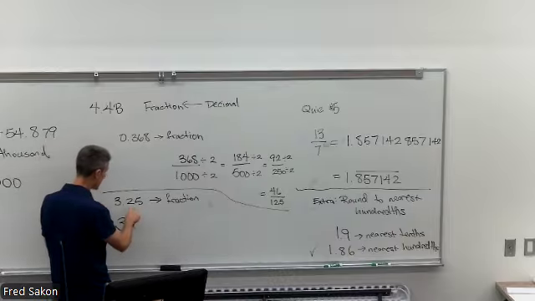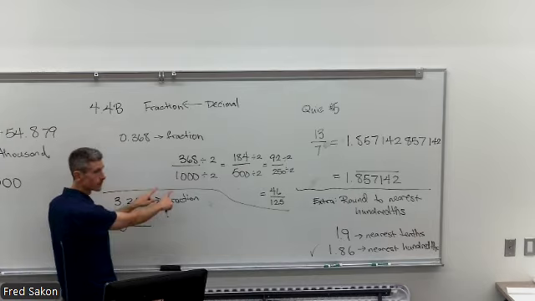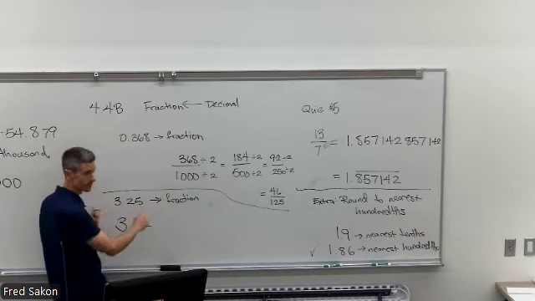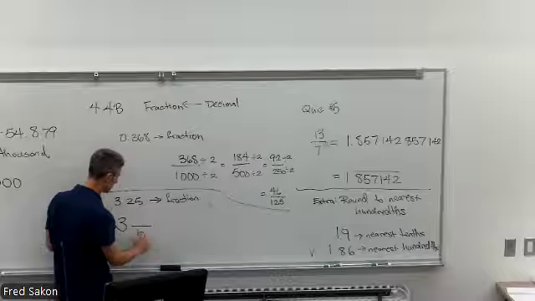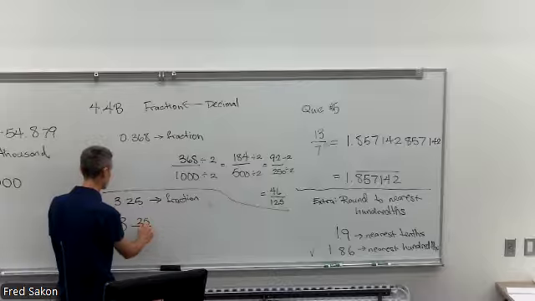What's our bottom number going to be here? 100, because it's got 2 zeros. And 25 goes up here.